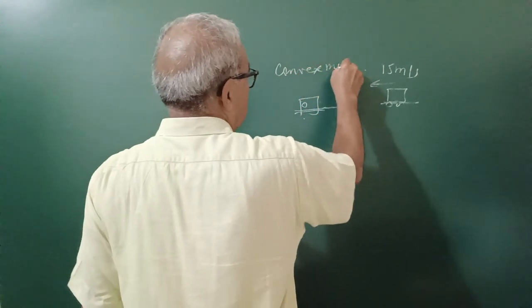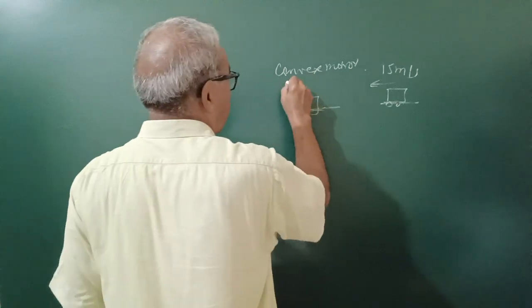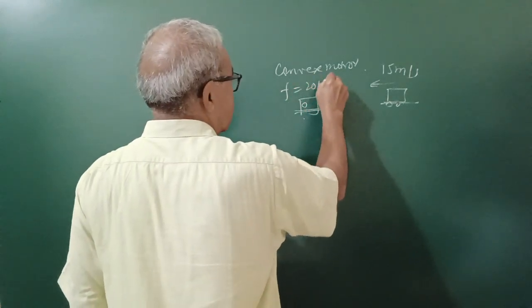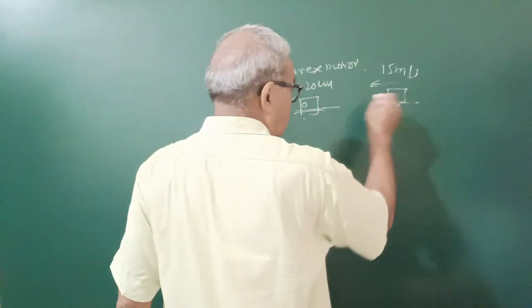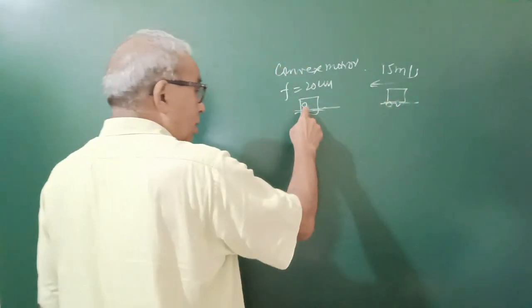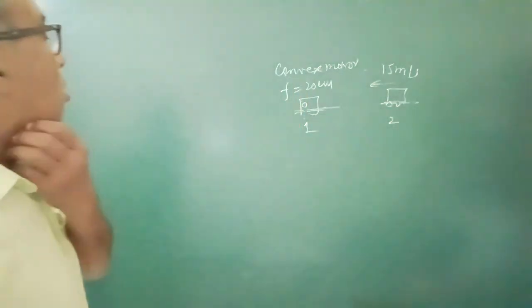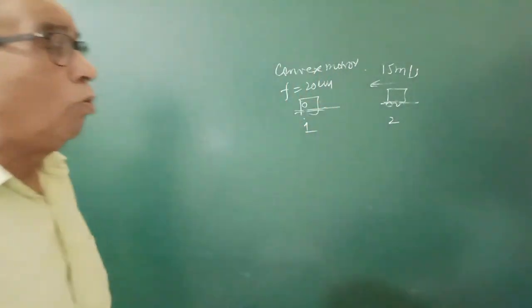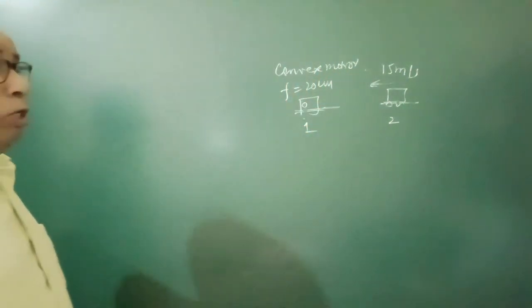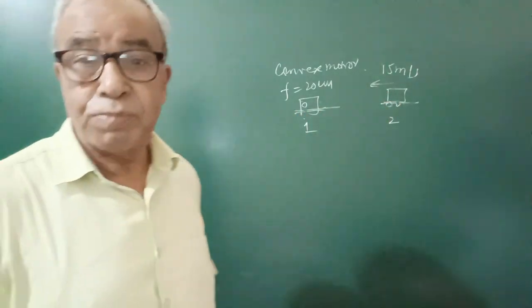A convex mirror is used to see the rear view, of focal length 20 centimeter. So the image of this car in car 1 will also move when this car moves. So what is the speed of the image of car 2 in car 1?